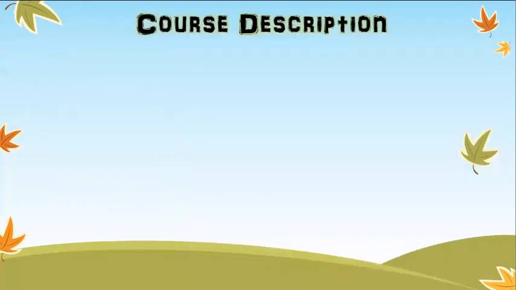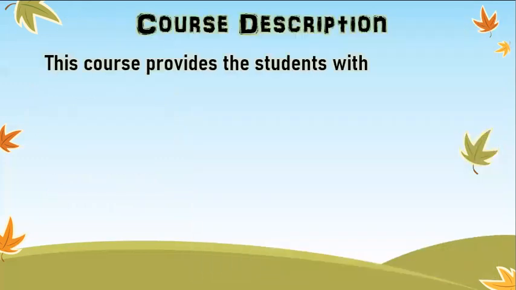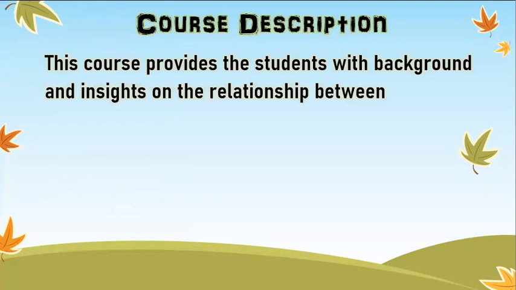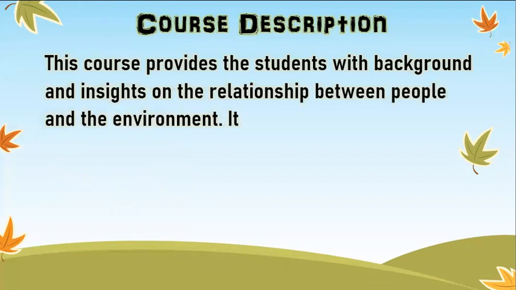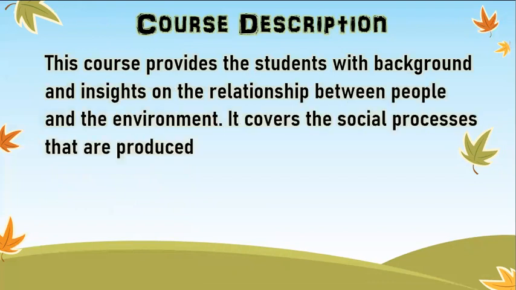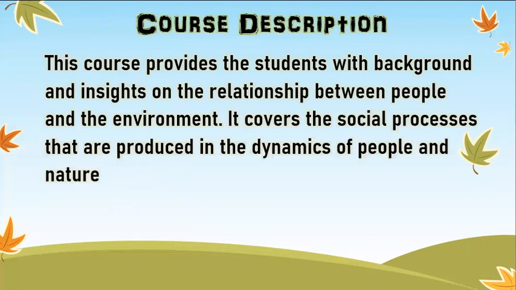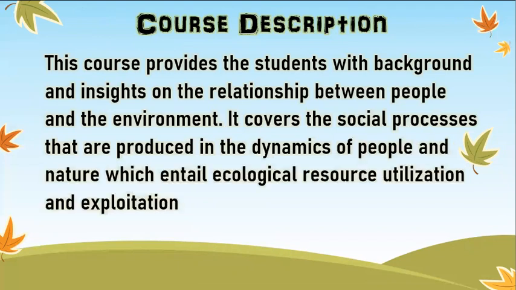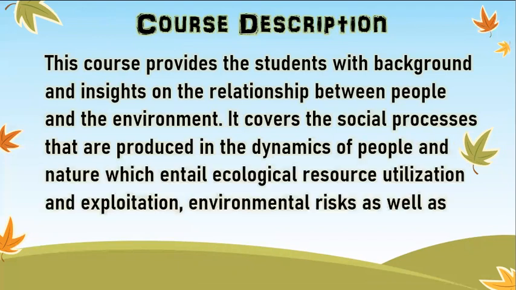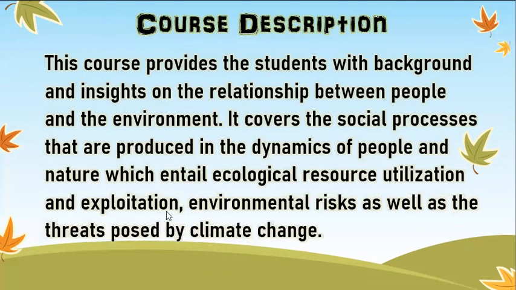The course description continues. This course provides the students with background and insights on the relationship between people and the environment. It covers the social processes that are produced in the dynamics of people and nature, which entail ecological resource utilization and exploitation, environmental risk, as well as the threats posed by climate change.